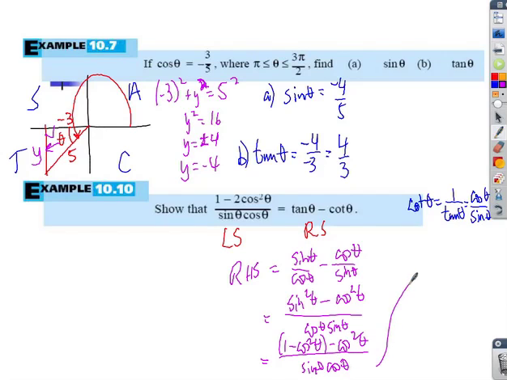And then on the top, it can be obviously 1 minus 2 cos squared theta over sine theta cos theta. All right. So again, what we've proven here now is that LS is equal to RS, and so we've proven the identity. Okay. This is not a typical IB question, but what it does is it forces you to use some of the identities. Okay.